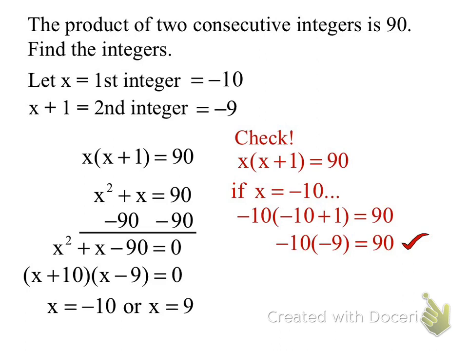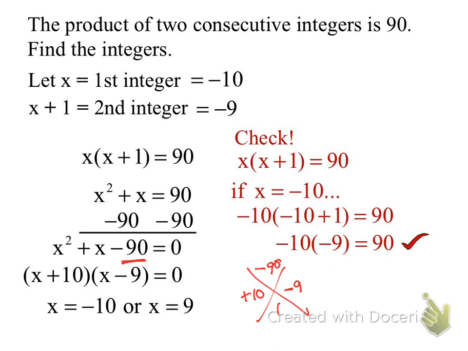So if X is negative 10, when I substitute in negative 10 here, it makes negative 9. What multiplies to negative 90? That would be negative 9, positive 10.